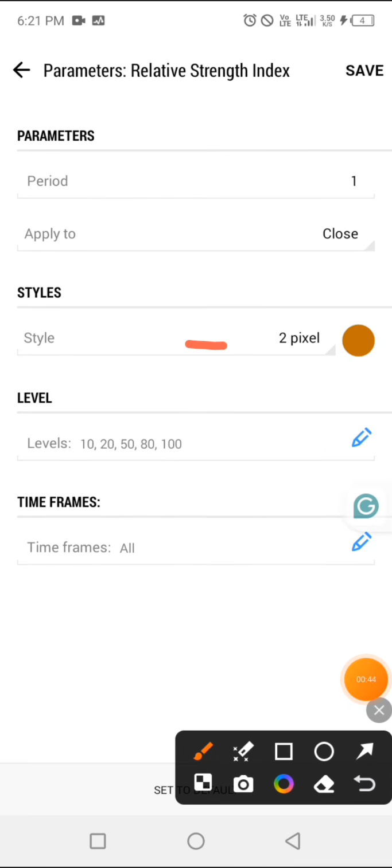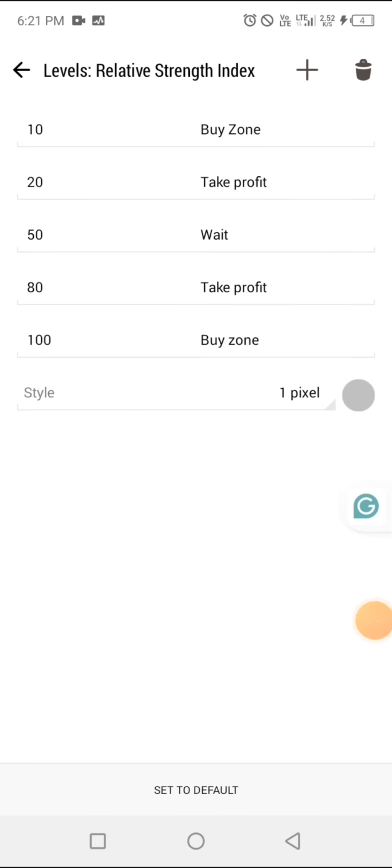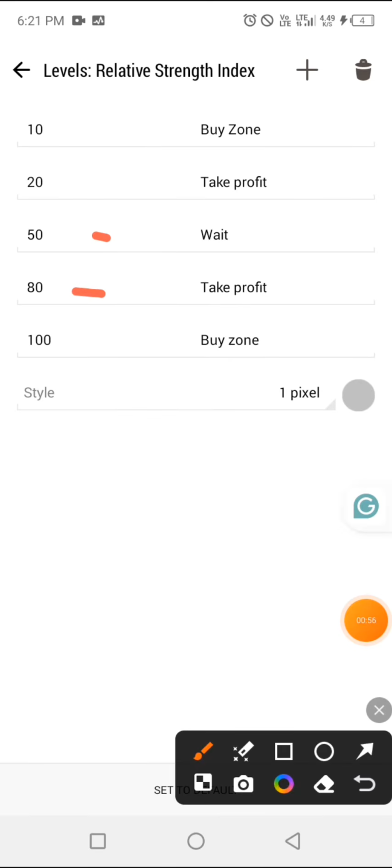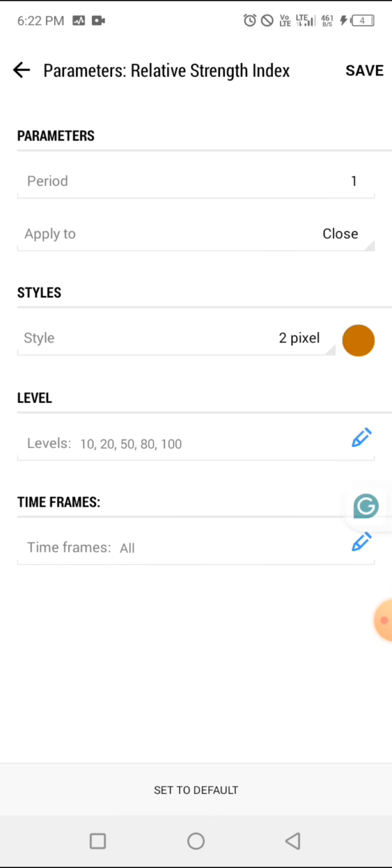Then your style, use 2 pixel, use color brown, and in your levels you're going to use level 10, level 20, level 50, level 80, level 100. So once you have all of this figured out, you click on save.